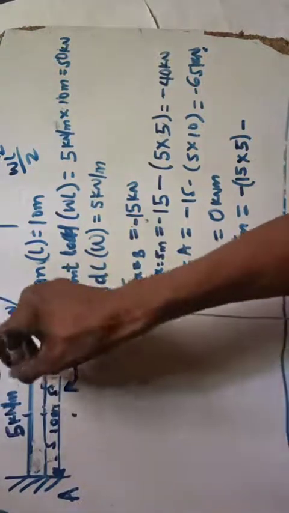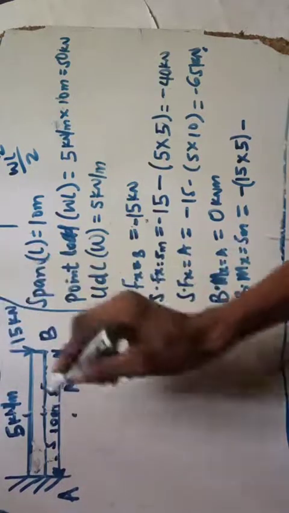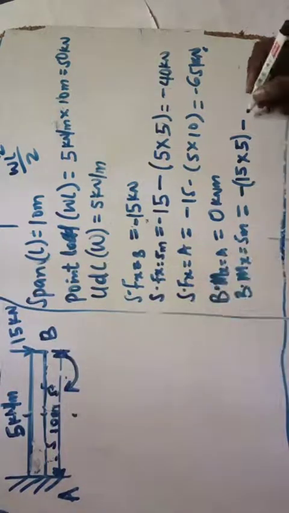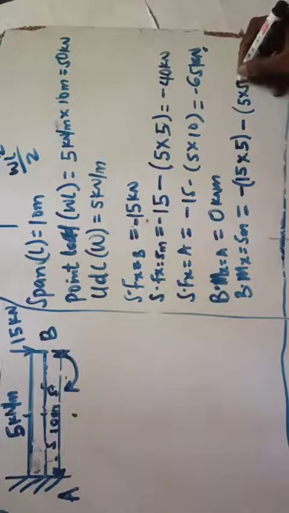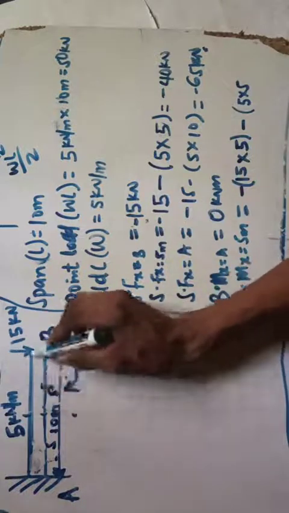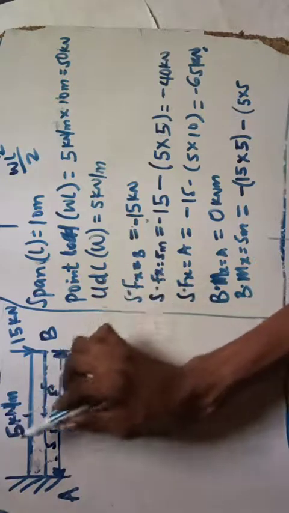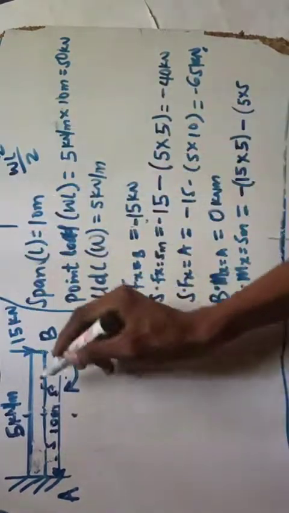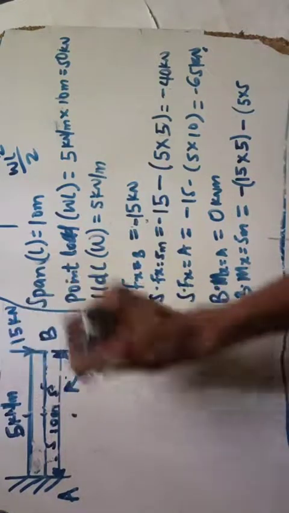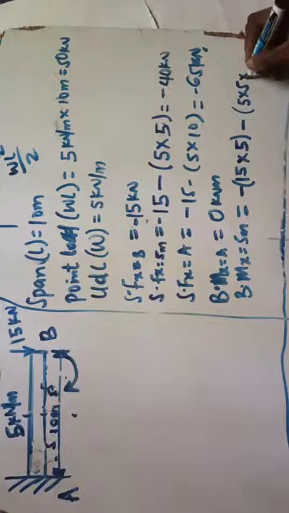Now if I convert this UDL here, which is 5 times 5, that will be 25. I'm going to have 5 times the 5 distance from here to here. Now when you convert UDL, it will come to the center. So when it comes to the center, you will be left with half of this 5 to take it. That will be times 5 over 2.